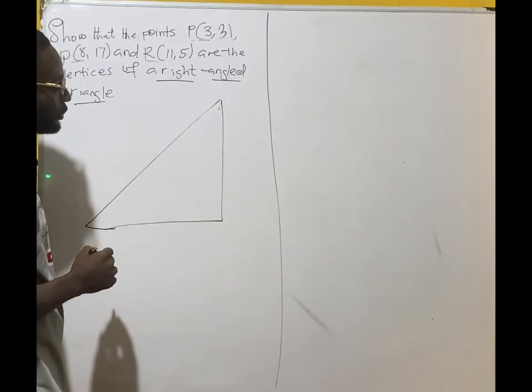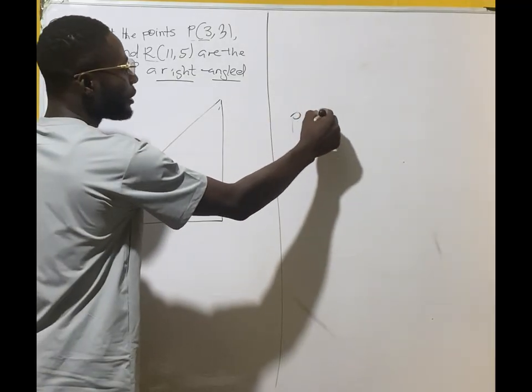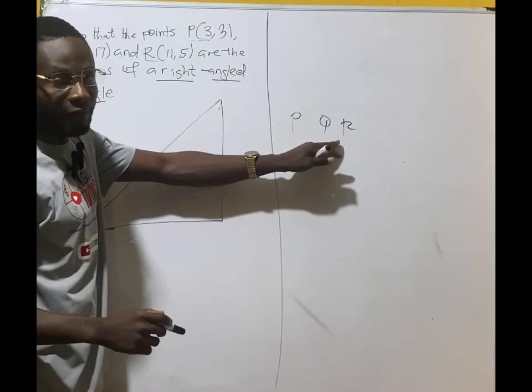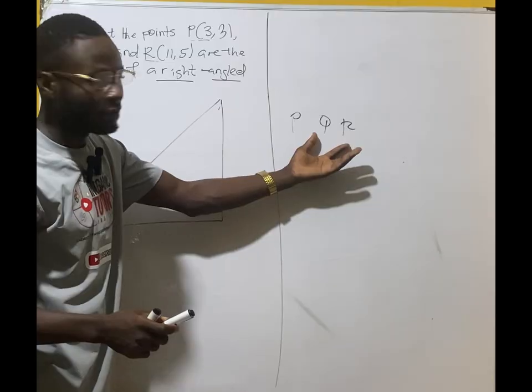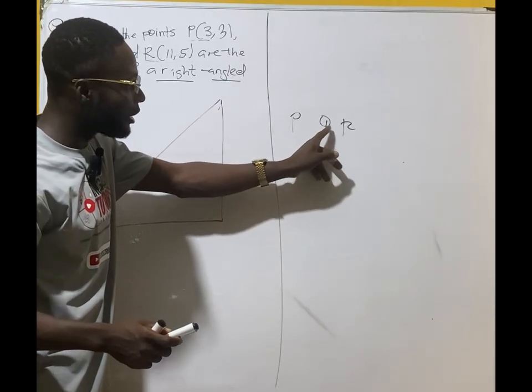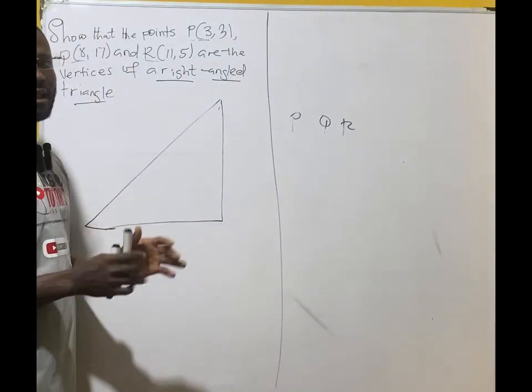P, Q, and R follow a particular order. You don't have to miss the coordinates or the points, because P comes before Q and Q comes before R. Don't mix them up, because once you mix them, you're going to have different results.